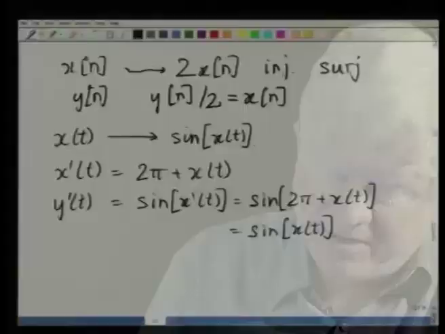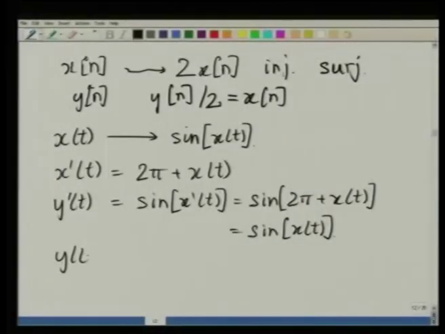What about surjectivity? Can this system be surjective? Would any arbitrary function y(t) have a corresponding input function? The answer again is no, and the reason is the manner in which we have defined the system. The system produces sin x(t) as the output.